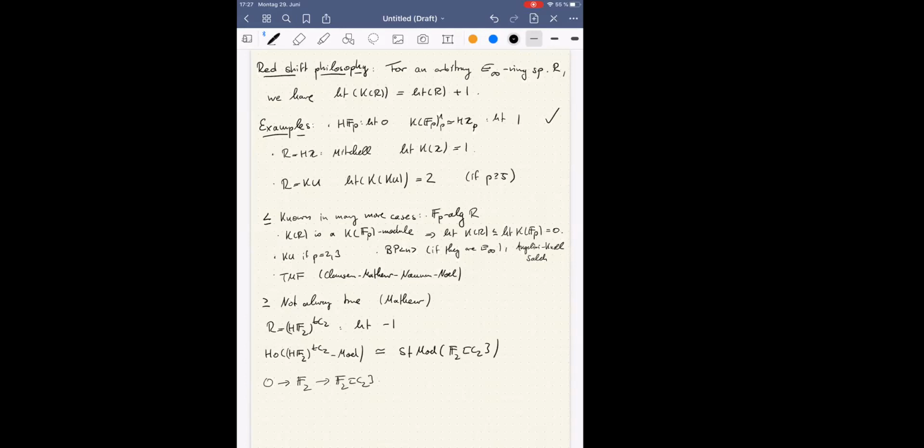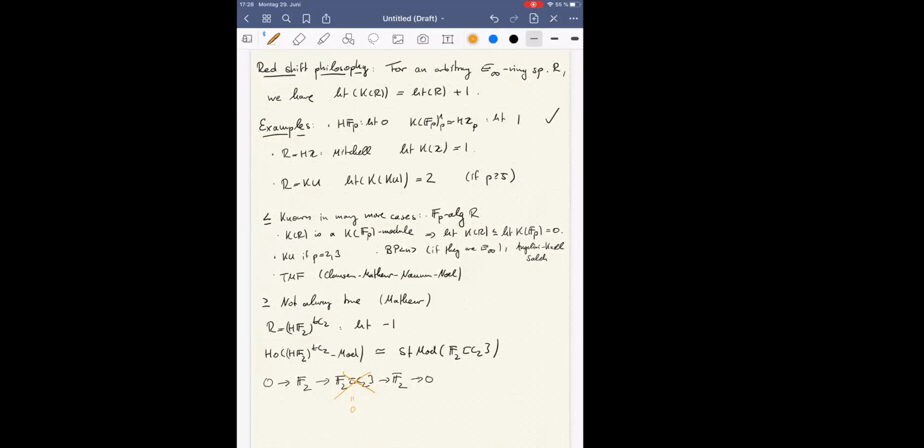one feature, namely it's built from F2, C2 modules, but we set things which are projective to 0. This is essentially how the stable module category is built.